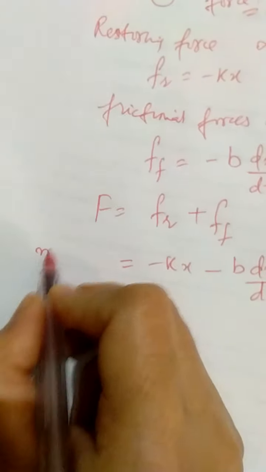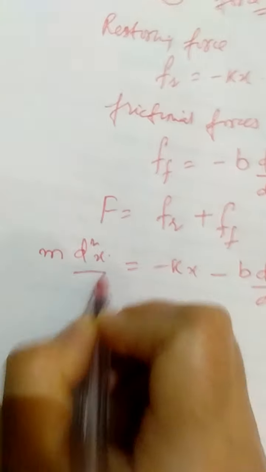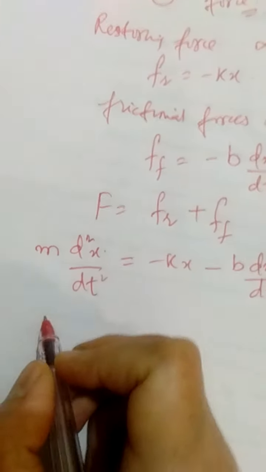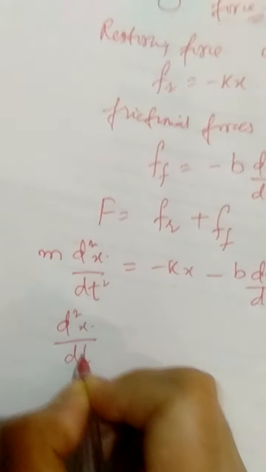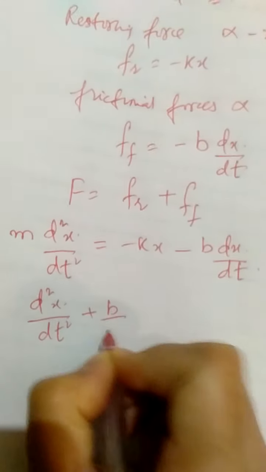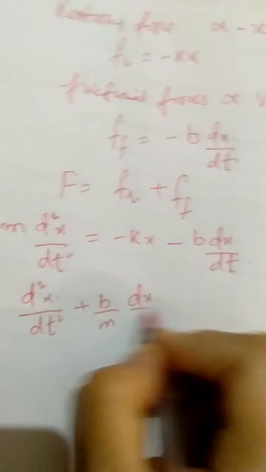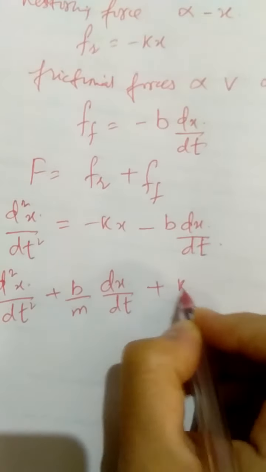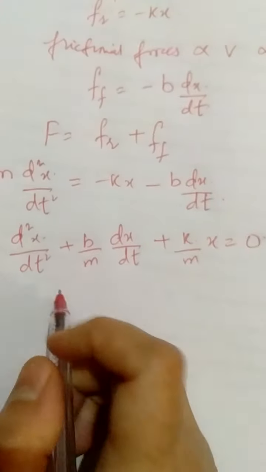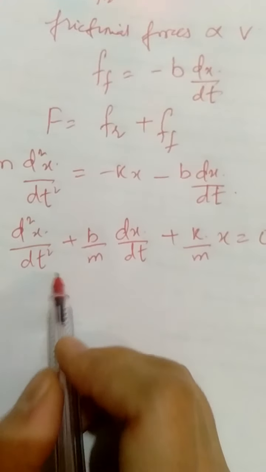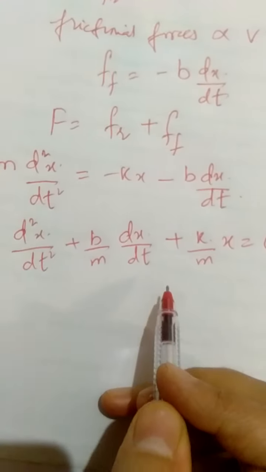Total force is mass into acceleration, that is m d square x by dt square. And how can we write this expression finally? d square x by dt square plus b by m dx by dt plus k by m x is equal to 0. So this is the differential equation of damped oscillation, as simple as that, right?